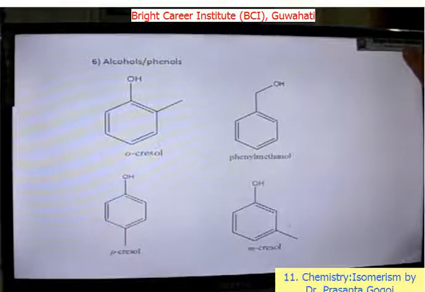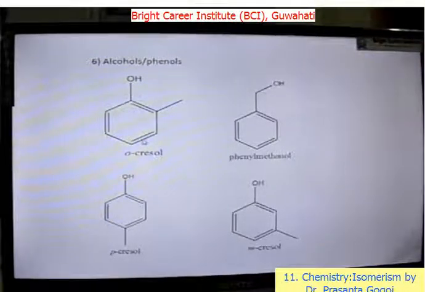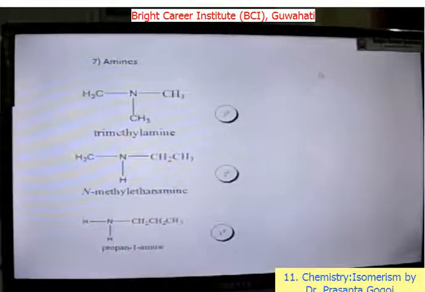Here also the page number is 6, 1. So the page number is the same, so it is considered a position isomer. So these three are examples of position isomers. But if we compare this alcohol with all three phenols, this is an example of functional isomers.